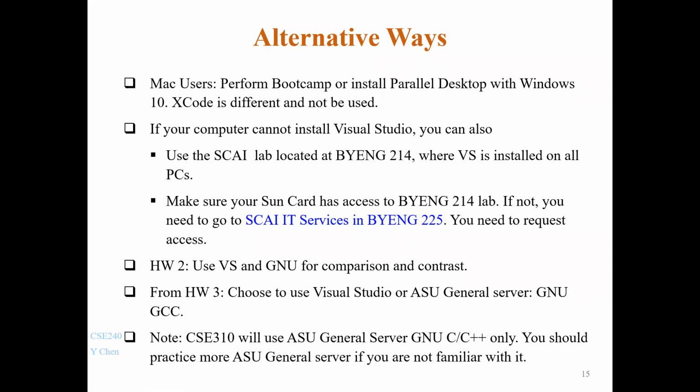Just by the way, CSE 310 will use GCC only. I know GCC is not so convenient, but GCC is very important for computer science students. So three things are going to reinforce you. I at least did two GCC assignments, so you cannot say you never used GCC. I don't want to put too much stress on you, because GCC is a more professional tool for computer science. Right now, you are probably not at that level and you want a more convenient tool.